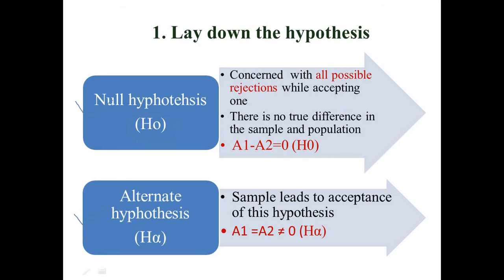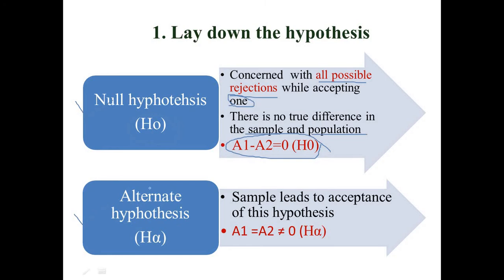This hypothesis is concerned with all possible rejections, and we are accepting only one, and there is no true difference between the sample and the population. So whenever we are dealing with two different samples, we are 99% rejecting, while only 1% we are accepting that hypothesis. That is nothing but the null hypothesis.